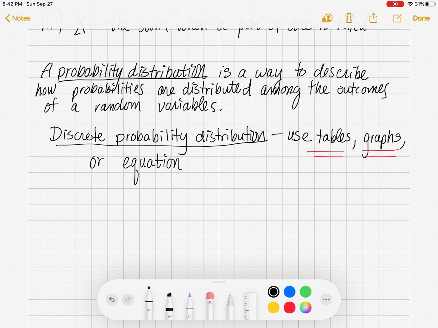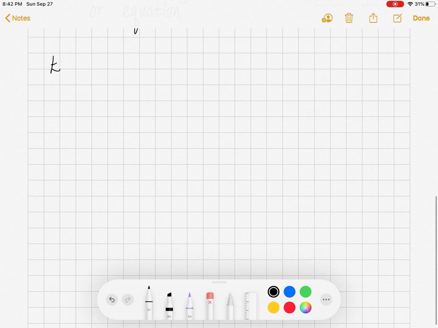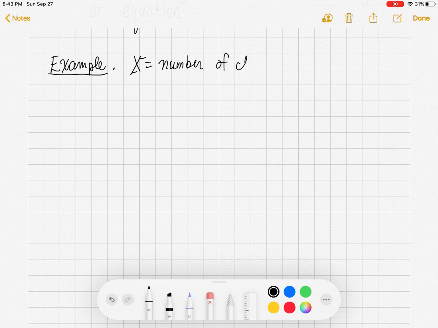So let me give you an example of a discrete probability distribution, so you get a feel for one. My random variable I'm going to call X. It's normally what you call your random variable, a capital X. Let's say it represents the number of children that couples have.